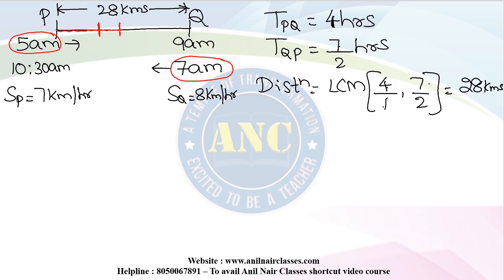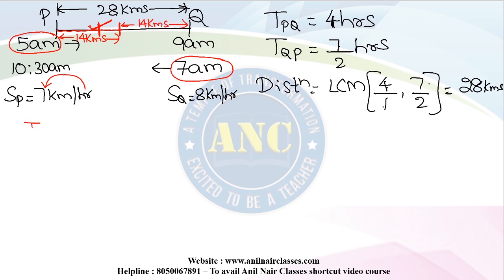So 5 o'clock to 7 o'clock means 2 hours. First train's capacity is, in 1 hour it can cover 7 kilometers. In 2 hours it is able to cover 14 kilometers. So out of 28, 14 is already completed. Remaining 14 kilometers need to be traveled by both trains P and Q together.